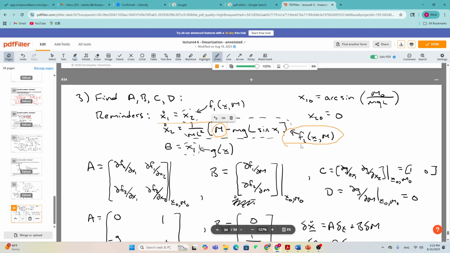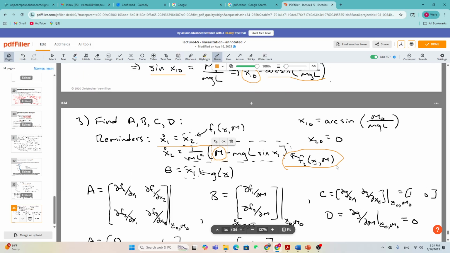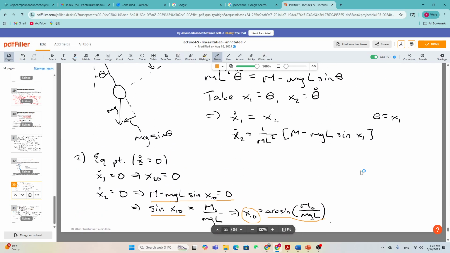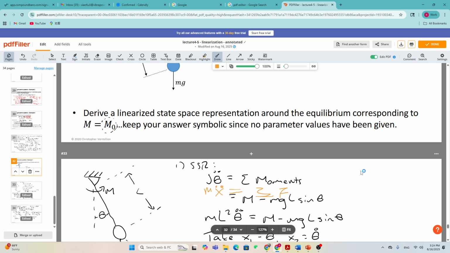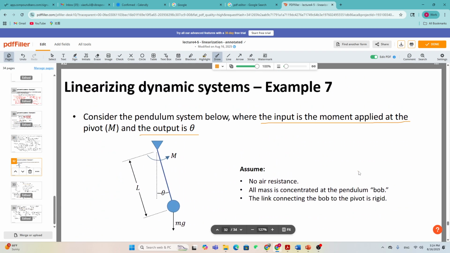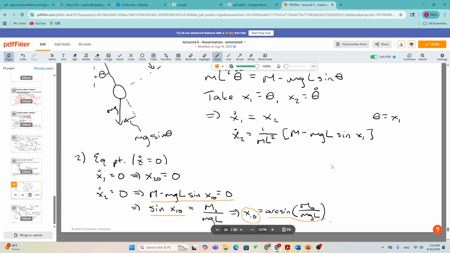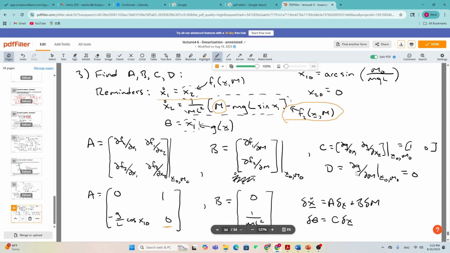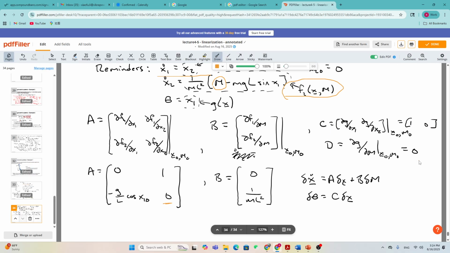Similarly, you can derive that for the same matrix. Your y is Cx plus Du, right? As you want your output to be theta, your output y is a function of theta. That means your C matrix will be 1, 0, and you don't have a D matrix, as your output, as we mentioned, is only theta.